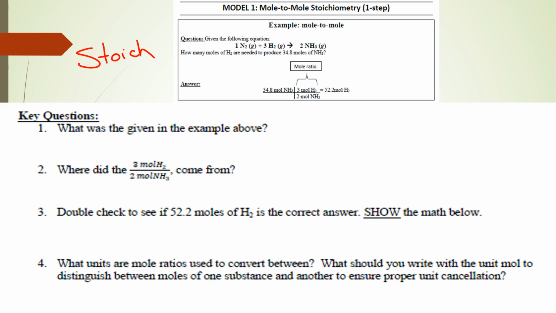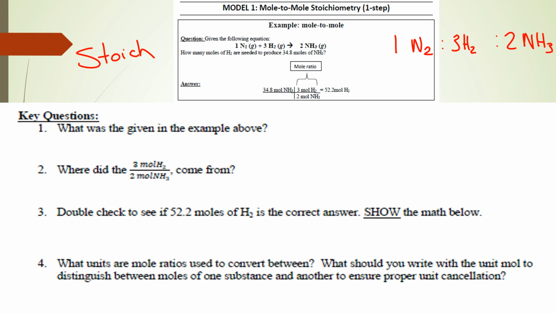We have a reaction between nitrogen and hydrogen forming ammonia. When nitrogen reacts with hydrogen to form ammonia, we have a relationship. For every 1 nitrogen, there are 3 hydrogens, and then there are also 2 ammonias.